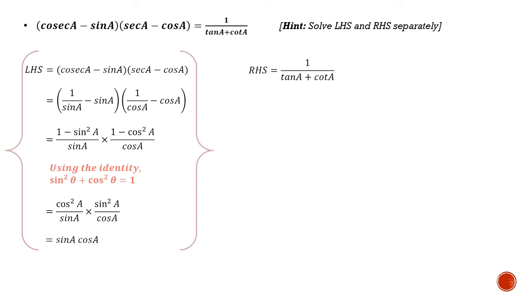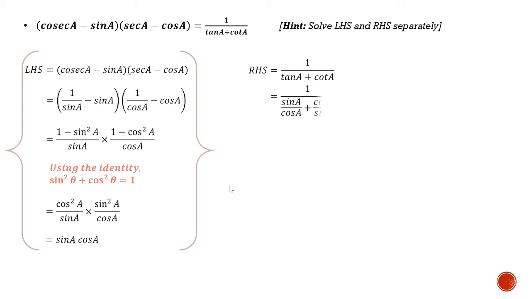Now remember, here is the point at which you have to consider that tan and cot is given. Eventually you want your answer to match the left hand side, and the answer is in sine and cos. So that thing should strike in your mind, that you have to basically convert your given identities in terms of sine and cos.